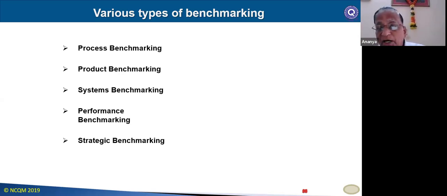What are their results on those different parameters? And strategic benchmarking, basically, we've been talking about the strategic management concept. This is normally done at a very senior level. So again, how the strategization is done. We talk about vision, mission, and all the strategy deployment. So that also can be benchmarked. Okay, yeah.